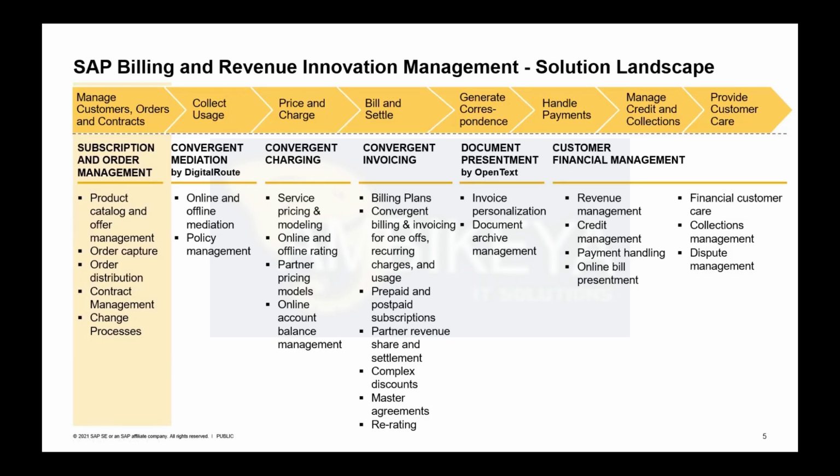In the end, we also have to track changes to the subscription contract, because if you change the tariff, for example, the usage will have different prices later. So the next step is then the collection of usage data in the environment. This is done by convergent mediation.